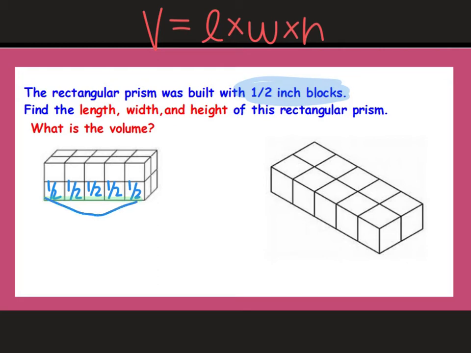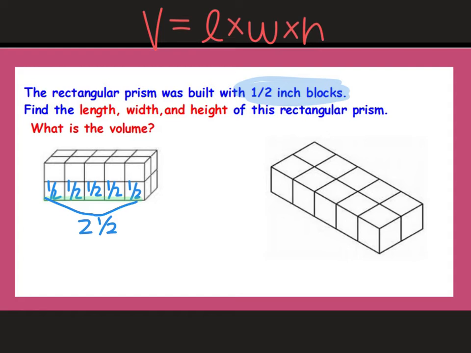So each of these is a 1/2 inch block. We have 1/2 plus 1/2 is 1 whole. 1/2 plus 1/2 is another whole, and then we have that extra 1/2 at the end. So our length here is actually 2 1/2.